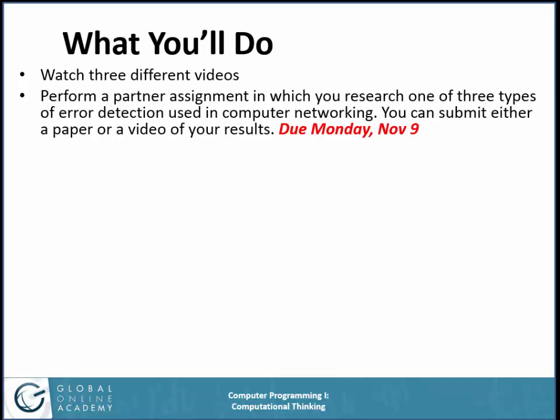And what I need is for you to be looking at finding at least one YouTube video and a couple of other sources that describe it. You and your partner can pick any one of the 3 that you want, and then you will report your results to me either by putting together a paper or by putting together a video describing what you found.